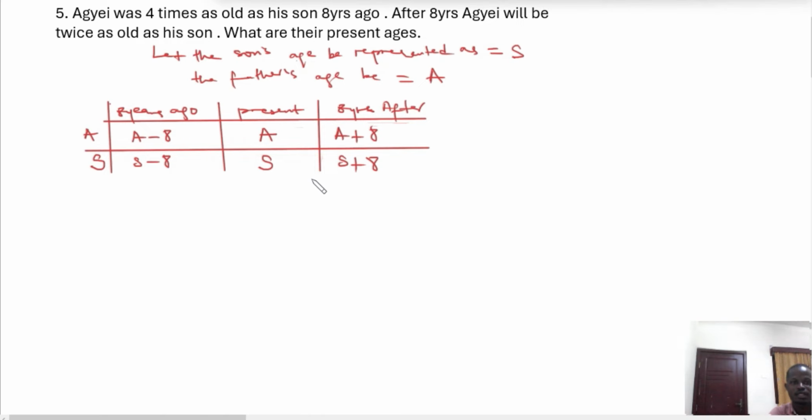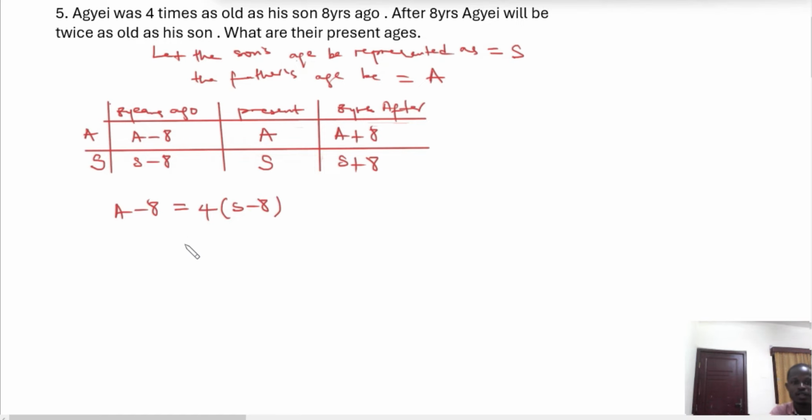So we've analyzed this. Now let's come to the statement. We analyze for 8 years ago, and then for 8 years after. Agir was 4 times as old as his son. Agir's age 8 years ago was A minus 8, which is equal to 4 times as old as his son. 8 years ago, his son's age was S minus 8.